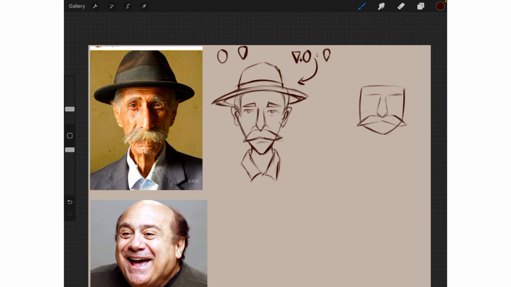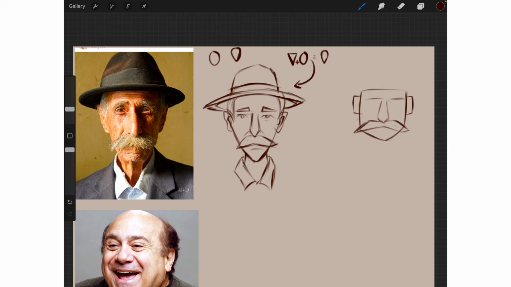So this character is a combination of a square and a triangle, which is going to be depicting a personality of strong and sharp. So this character is a strong and sharp character.